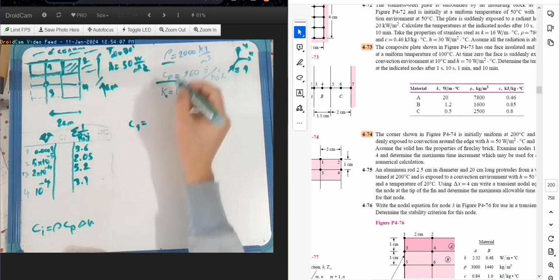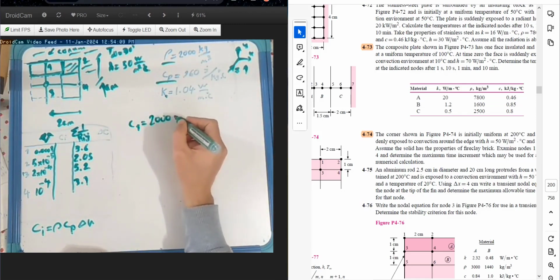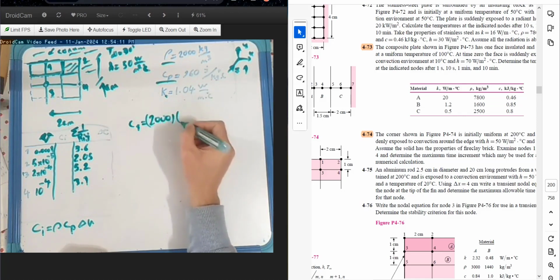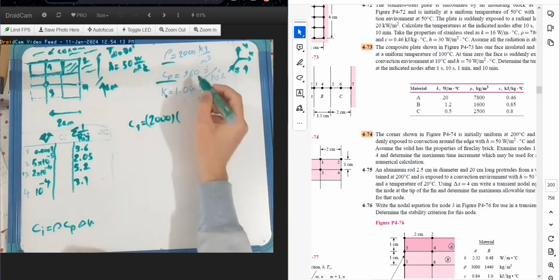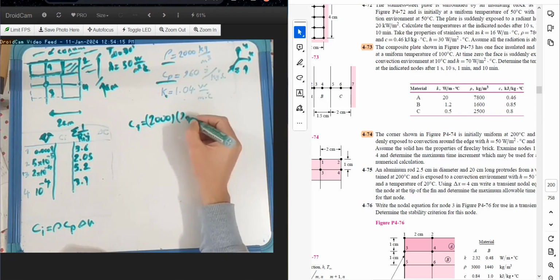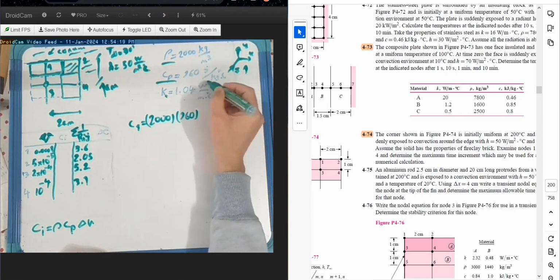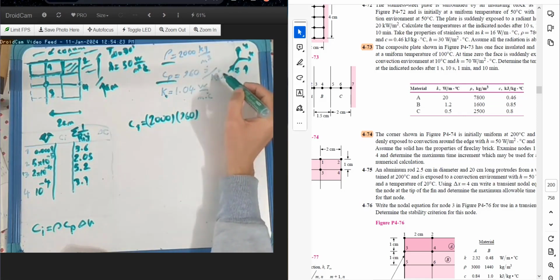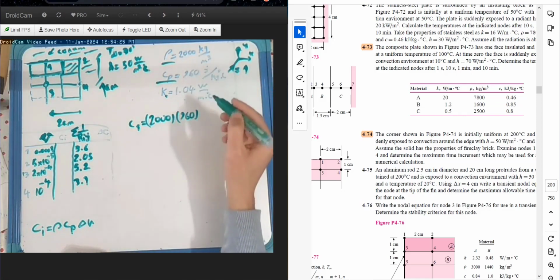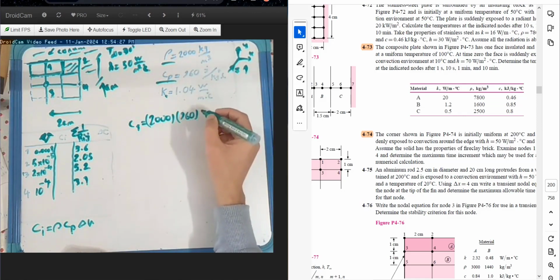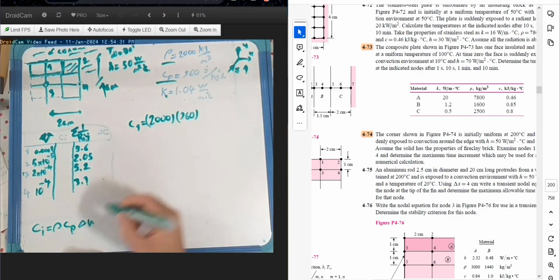C1: rho is 2000 multiplied by Cp, which is 96, and pay attention to the units of them. This is joule, this is kilogram, this is kilogram, and this is meter squared, meter cubed.